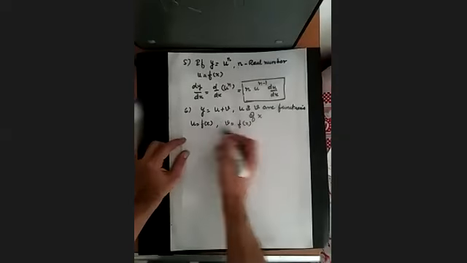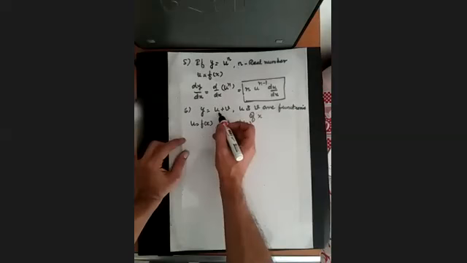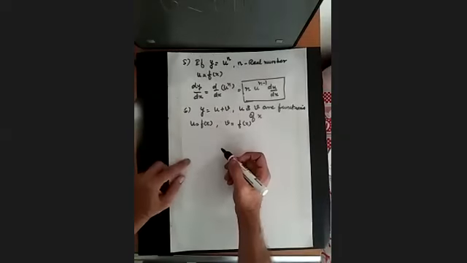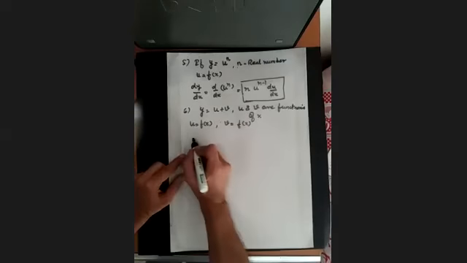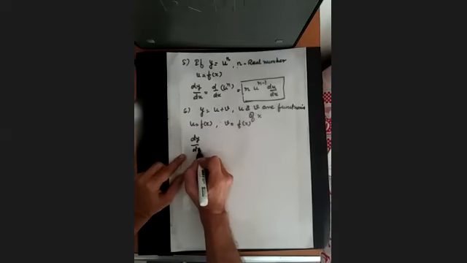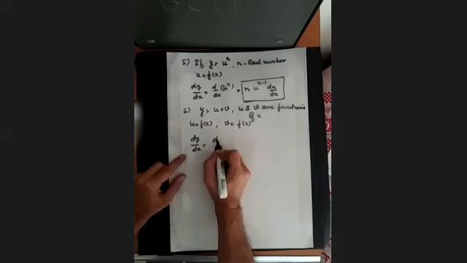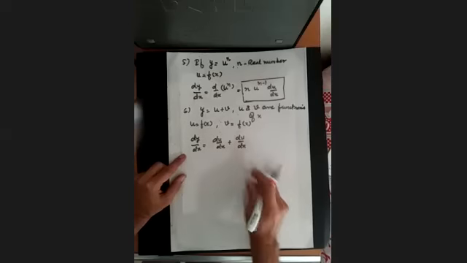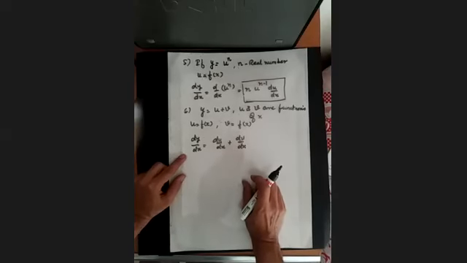So both depend on x and the addition of both is equal to y. Then dy by dx will be du by dx plus dv by dx, simply the addition of their differentiation with respect to x.